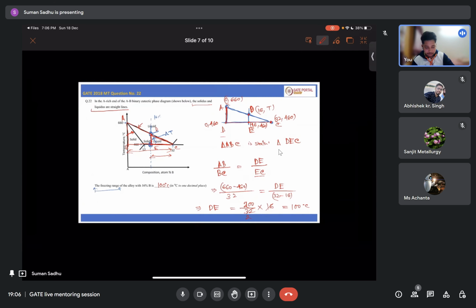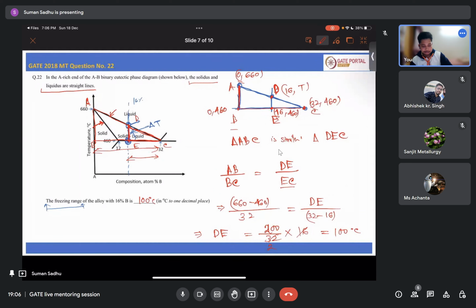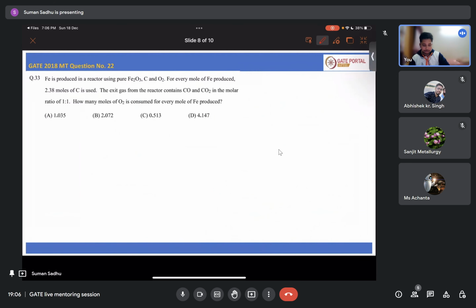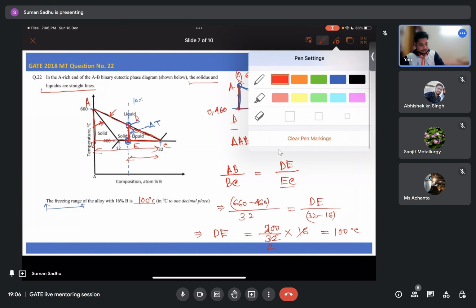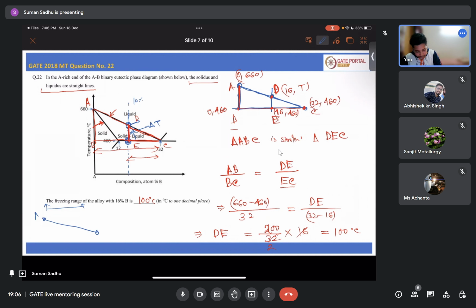The other way is also from geometrical concept only. You need not draw the triangle. You can just consider this line, the AC line. It is a straight line, right? You know this point, that is 0 comma 660. You know this point also.